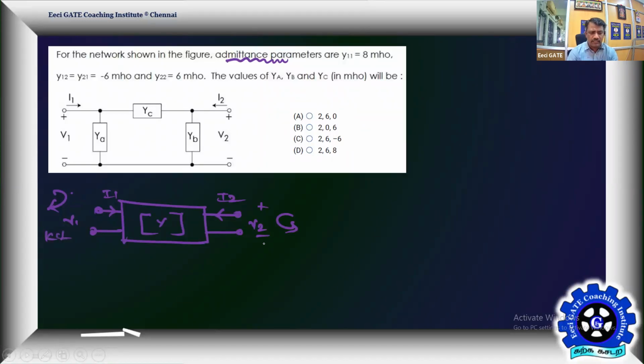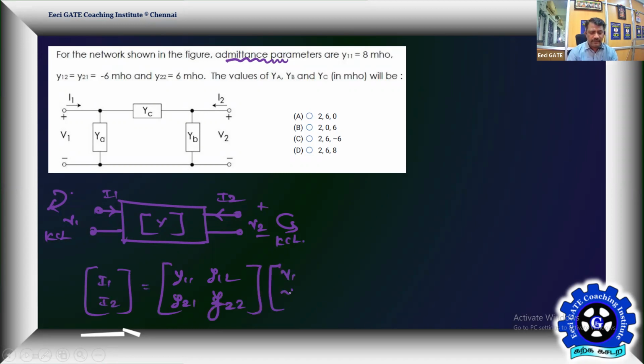KCL at the input port, KCL at the output port. The equation becomes I1, I2 is equal to Y11, Y12, Y21, Y22, that's given already, into V1, V2. That's how it goes.